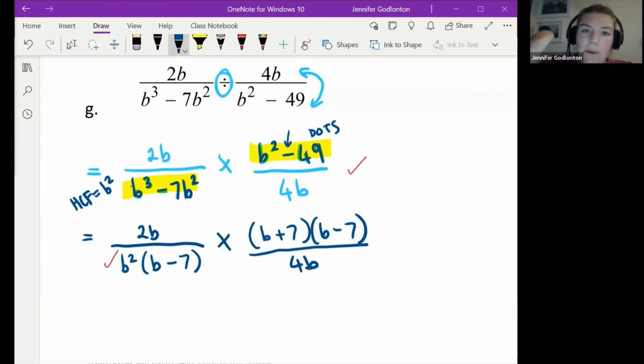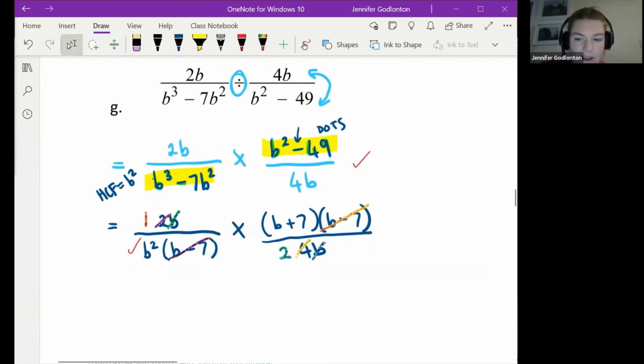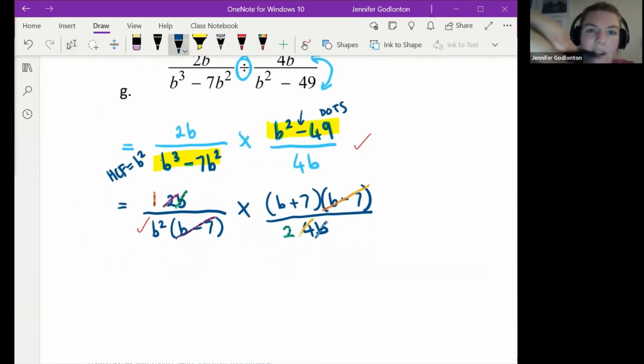Okay, so now when we get to this point, we say, well, how can we start cancelling things? This b minus 7 is going to cancel with the b minus 7. And that b over there can cancel with that b over there. And this 2 can go into itself once, and it can go into 4 two times. So that's all of our simplifying. Then we look at how we can write this.